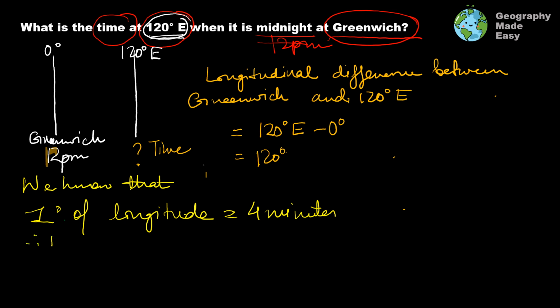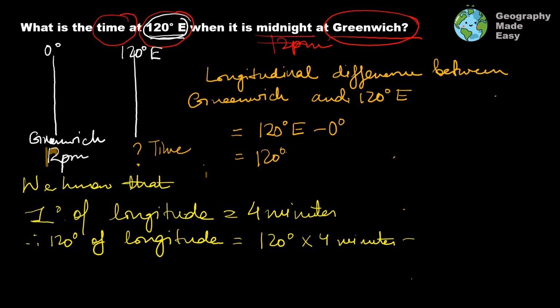Therefore, for 120 degrees of longitude, how many minutes? 120 degrees into 4 minutes. So this is coming to 480 minutes.